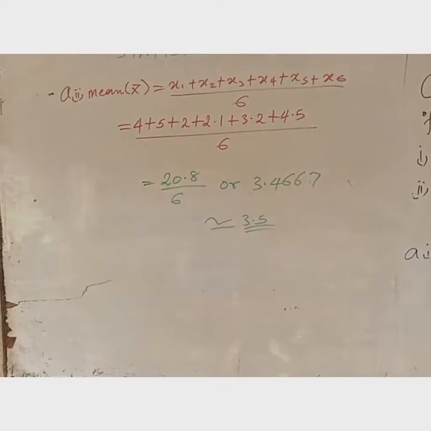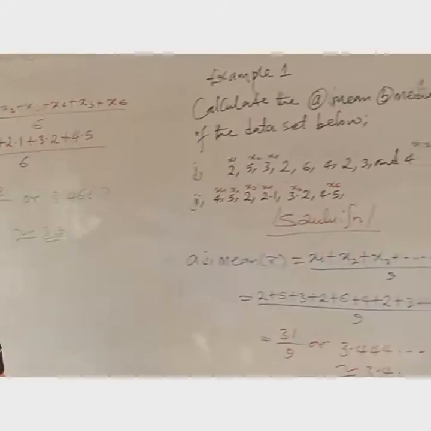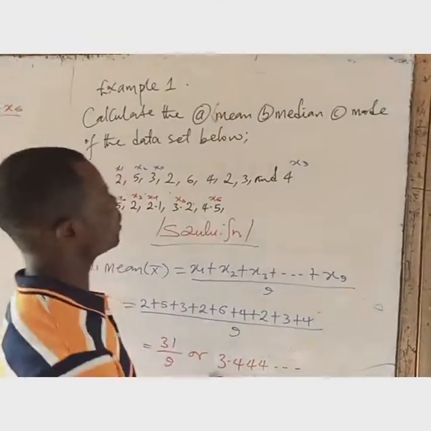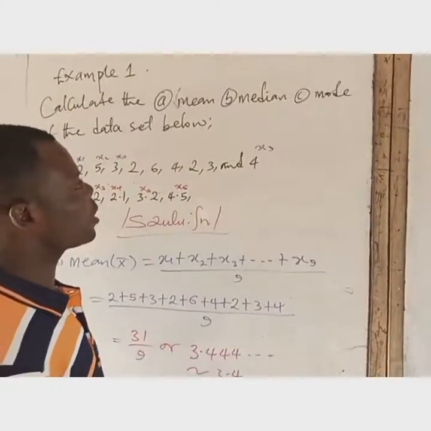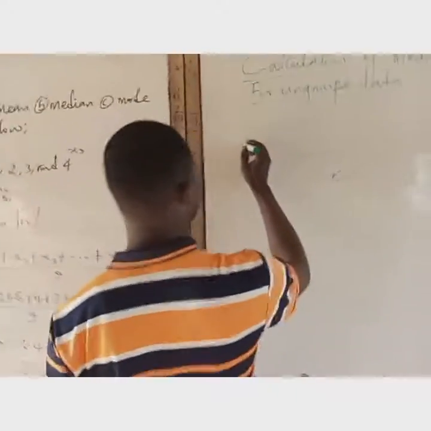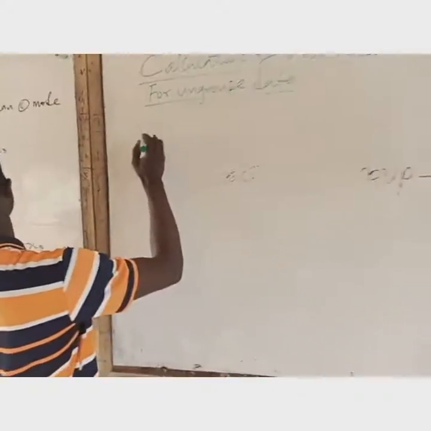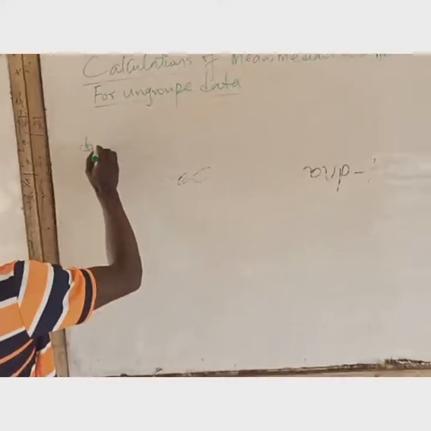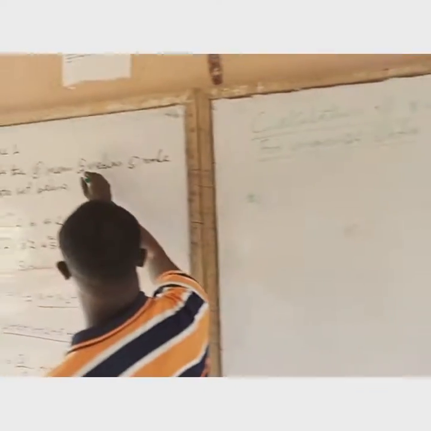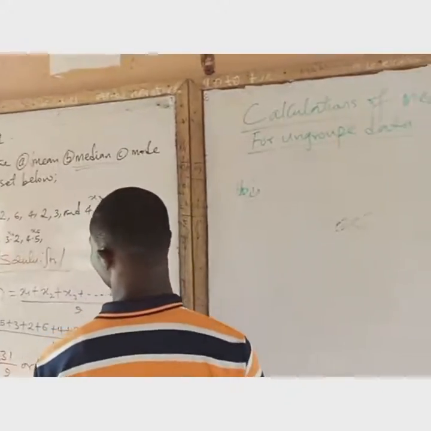So now let's look at how we can calculate the median. Sorry, that was our mean. How we can calculate the median. A or B, Roman figure 1, we're calculating the median.